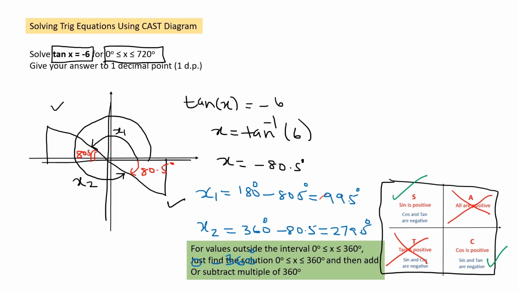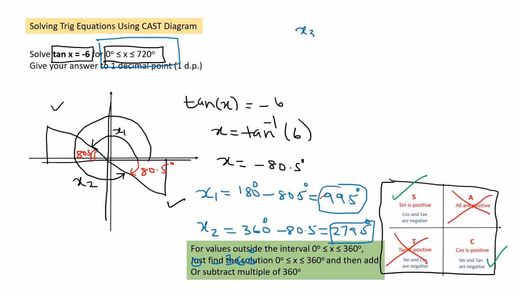So we have found the answers for x between 0 and 360. But if you look at the equation, we need to find the answers for x between 0 and 720. So they are considering two cycles. So the next two answers are what we need to find. We need to add 360 to this one and we need to add 360 to this one.